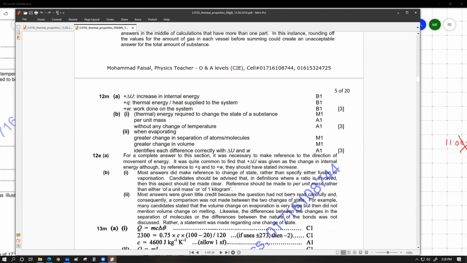Okay, using the word per is emphasized in this part. So rather than if you write that the amount of energy required to melt one unit kg, other than writing that, because there's a division involved, they emphasize on the word per, so that the division operation is more importantly highlighted within the answer.